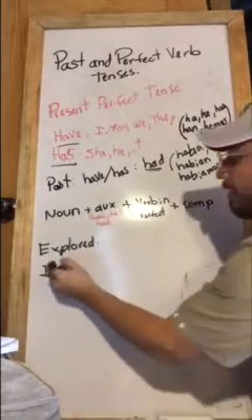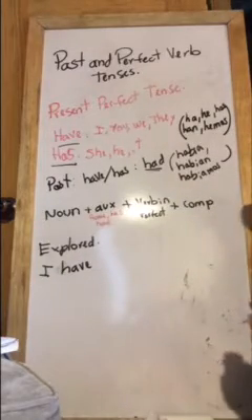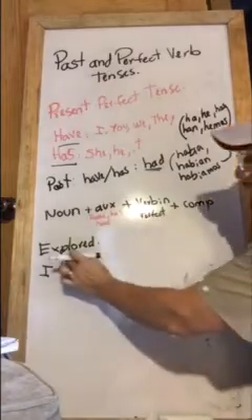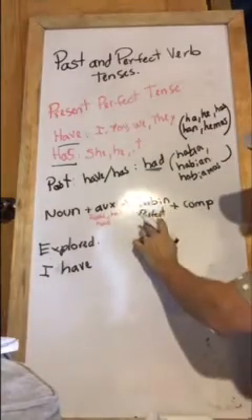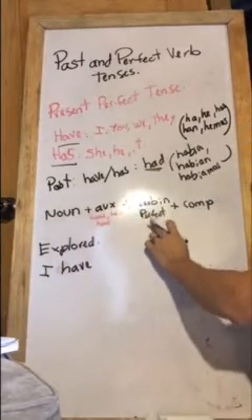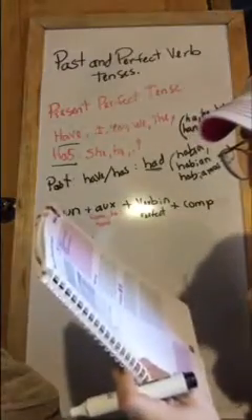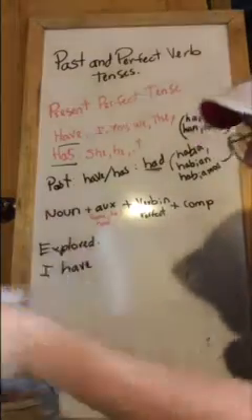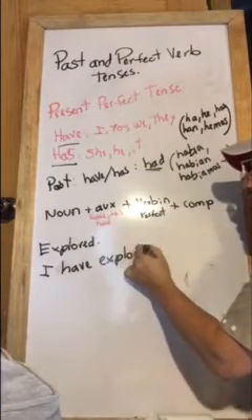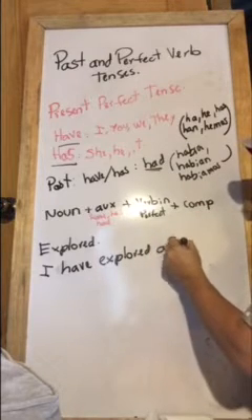It would be have, so I write I have, and then what would be the perfect form of the verb explore? I have explored. Okay, and then you just add the complement, a haunted house.